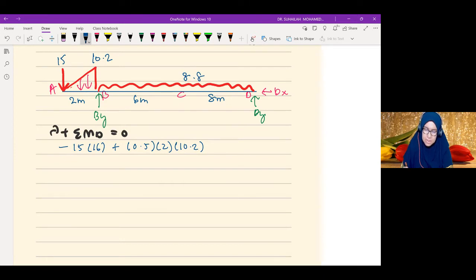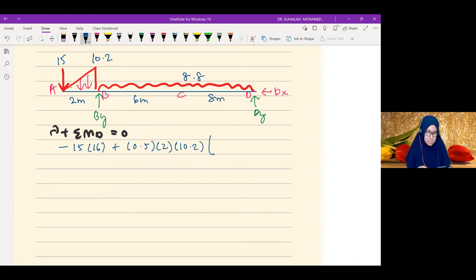The distance is 2 over 3 times 2, which is 1.333, plus 14. So the distance is 15.333.